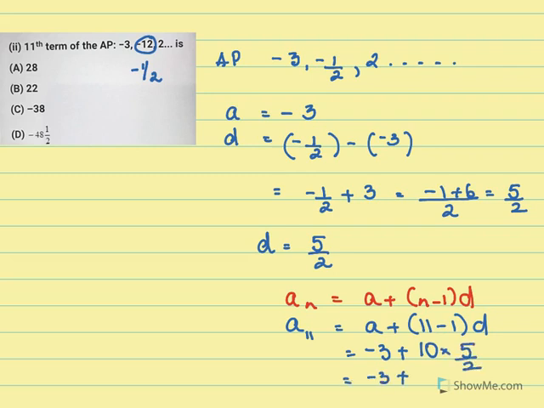So this is minus 3 plus, and we now can cancel this. This will become 5. So you get here plus 25. So this is 22. So the 11th term is 22. So this is your right option.